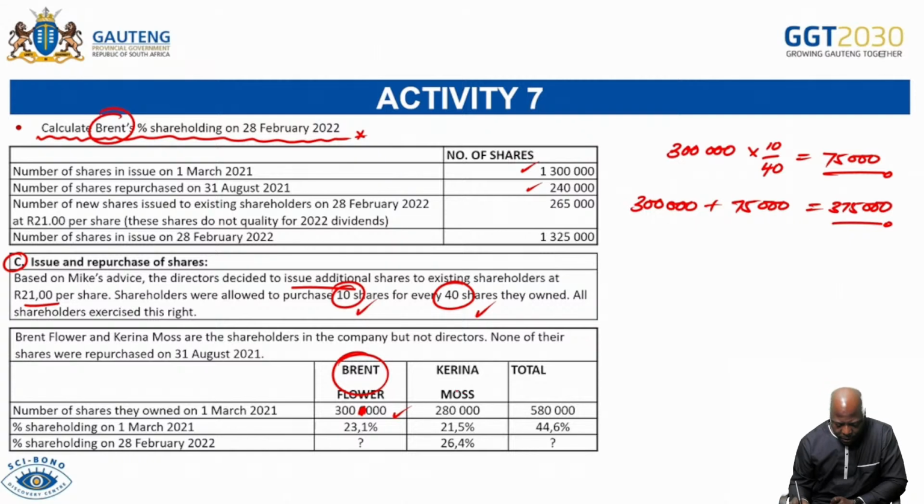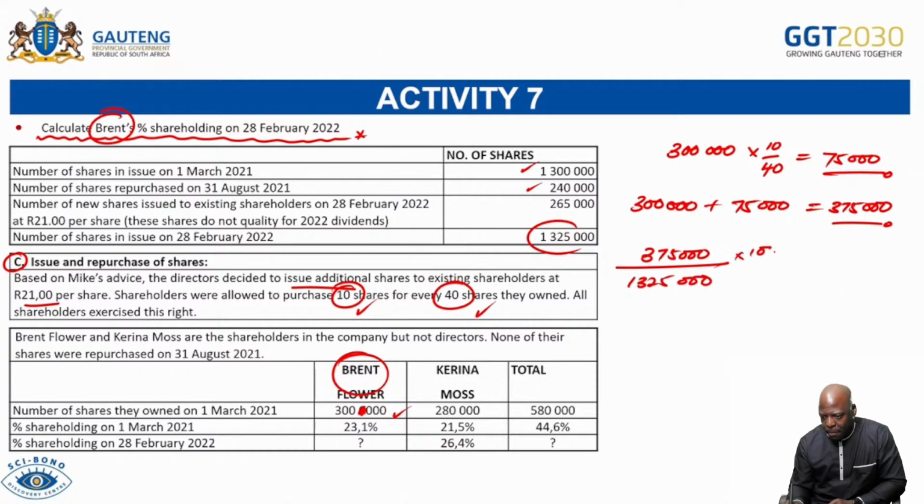375,000 shares. Since he now has 375,000 shares, we want to know his percentage shareholding. How many shares are in issue at the end of the year? 1,325,000. He holds 375,000 shares of the 1,325,000 shares.